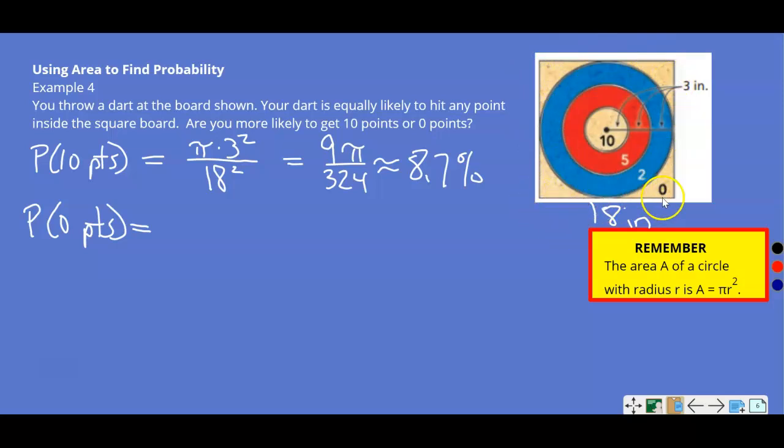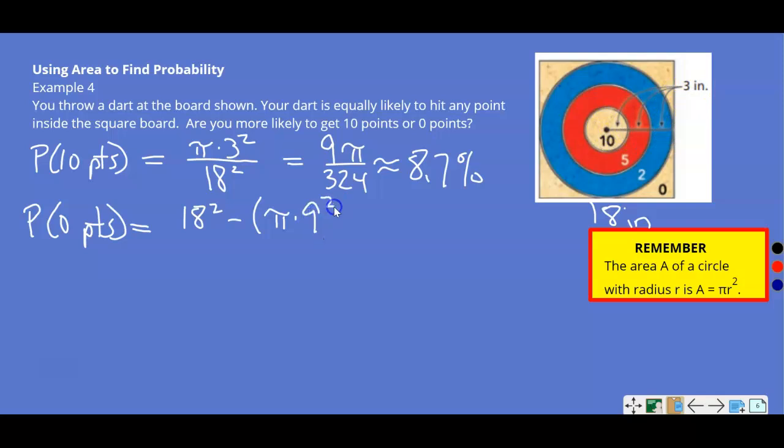So we're going to take the area of the square, 18 squared, because we already determined that the square is 18 inches across, so side squared. Then we're going to subtract the largest circle. The area of the circle is pi times r squared. The largest circle has a radius of 9, 3 times 3 here. So 9 squared.